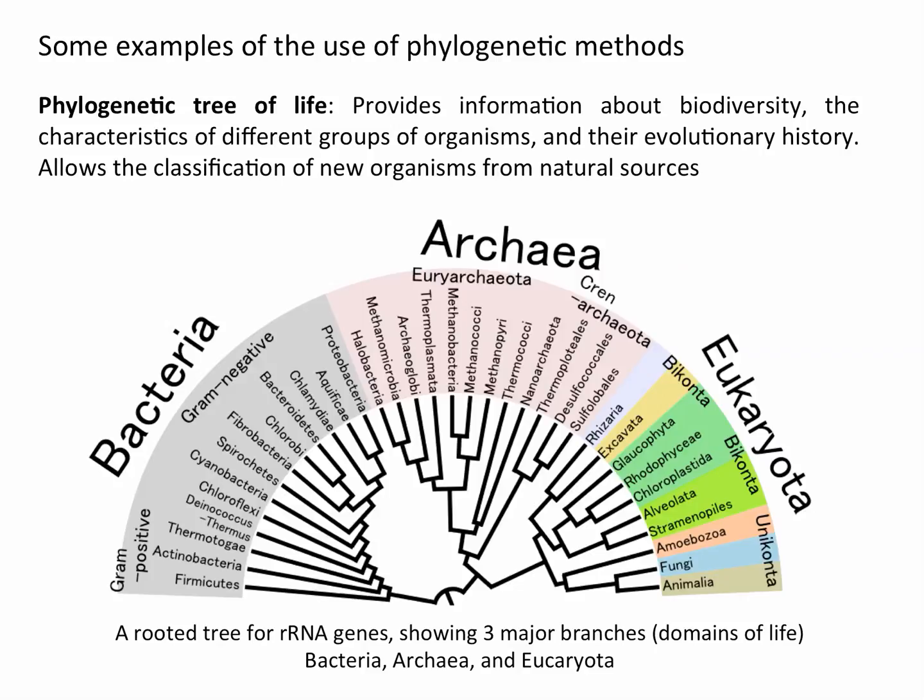Studying the phylogeny of organisms can help us understand and explain the similarities and differences between plants, animals, and microorganisms. The Tree of Life thus provides a rigorous framework to guide research in all biological subdisciplines, and is therefore an ideal model for the organization of biological knowledge, as well as to help in the classification of new organisms from natural sources.